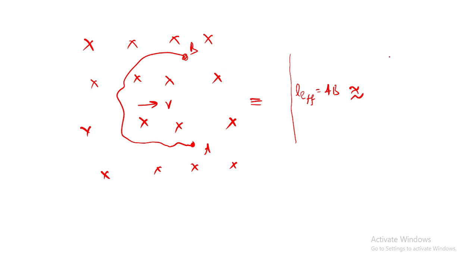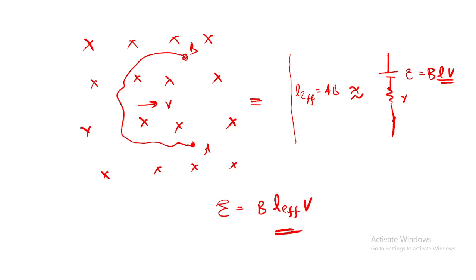This will be almost equal to a cell with internal resistance, where the EMF is E, and the EMF is actually BLV. Got it? So even if it is an irregular shape, the EMF will be BLV. So the effective length we can always find as B times L effective times AB. This is a shortcut we have to follow, because if we consider any other thing, it will be cancelled.